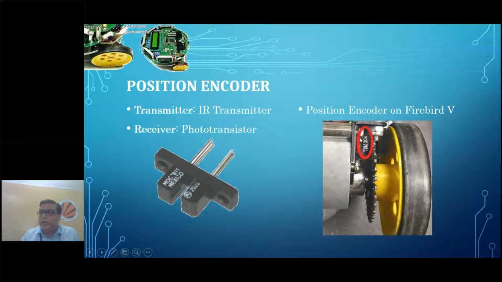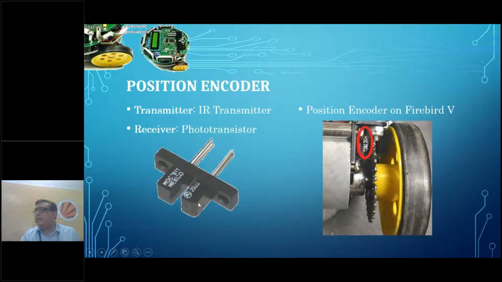This is the position encoder that encodes the position of that wheel, how much rotation it has already performed. It is used to identify how much distance is covered by the wheel at a particular time.